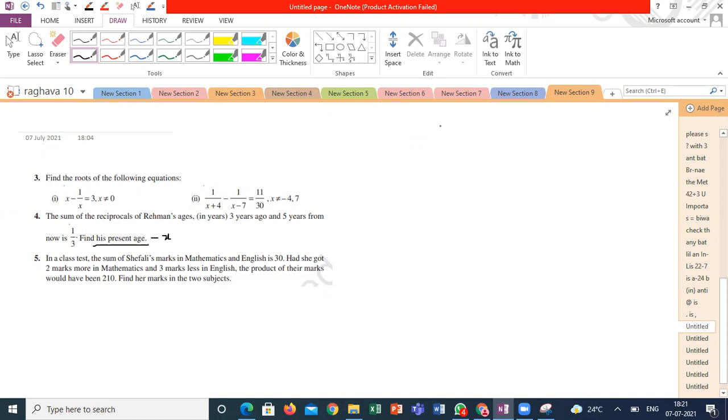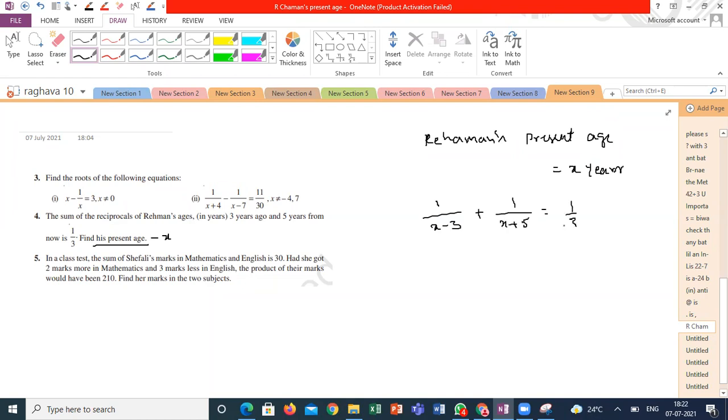Three years ago and five years from now, the sum of the reciprocals of Rahman's ages is 1 by 3. Three years ago, his age is x minus 3, so 1 by x minus 3, plus five years from now, 1 by x plus 5, is 1 by 3.